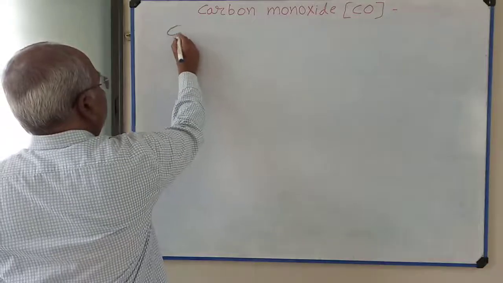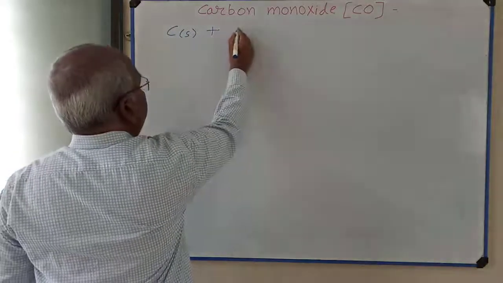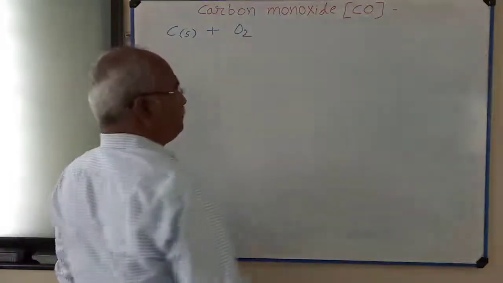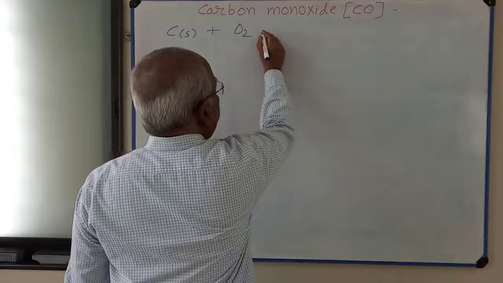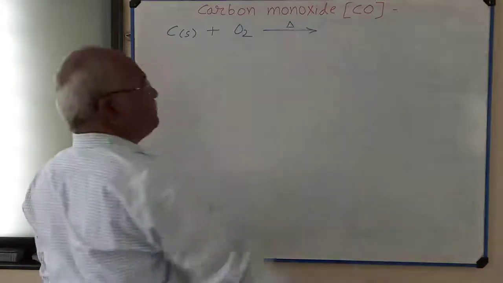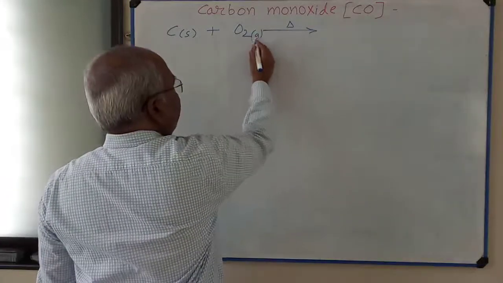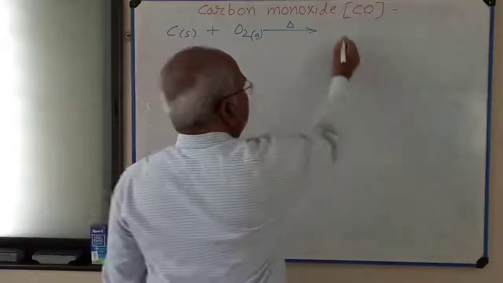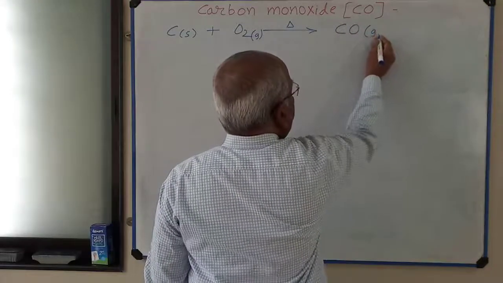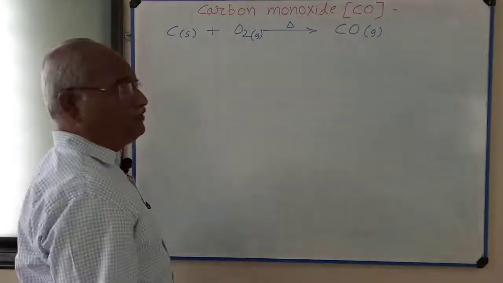This is solid carbon reacting with a limited supply of air. When carbon is heated with a limited supply of air or oxygen, it forms carbon monoxide gas. I balance this reaction.